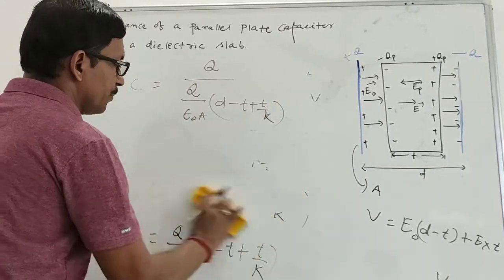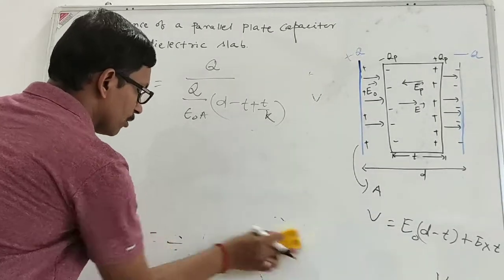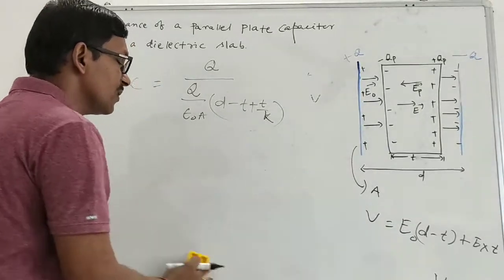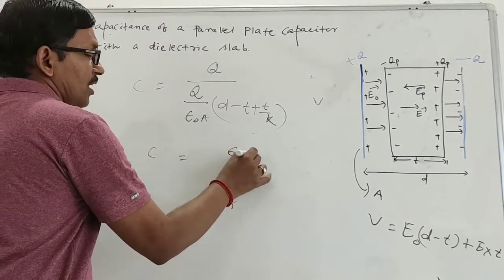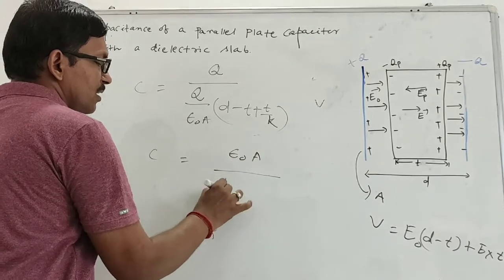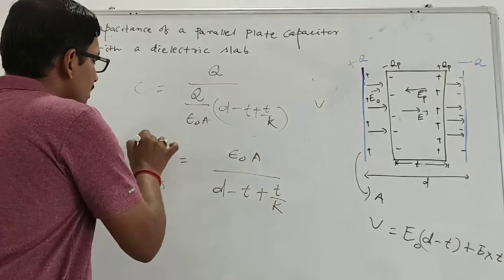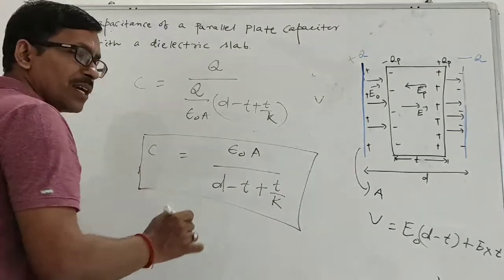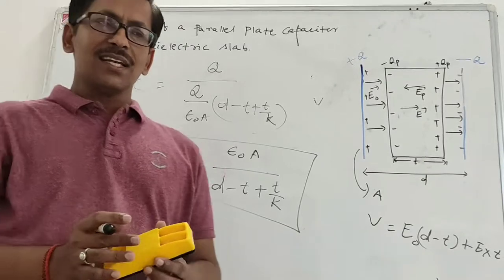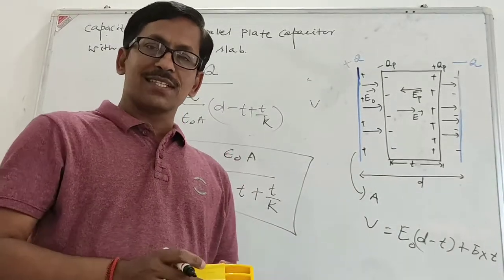Now Q cancels out. So C is equal to epsilon naught A divided by D minus T plus T by K. This is the expression for the capacitance of a parallel plate capacitor when a dielectric slab of thickness T is introduced in between the two plates.